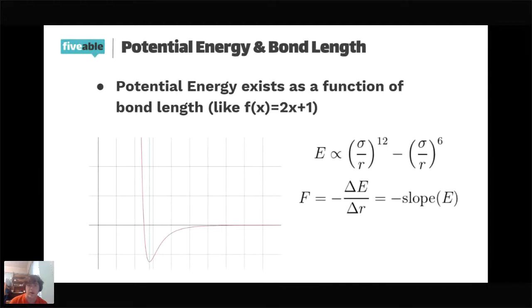It makes the quantity sigma over r, sigma being that funny looking Greek letter, dimensionless, so you can subtract the two quantities like you should normally be able to. And in this case, the force that exists between the two atoms is the negative slope of this graph.